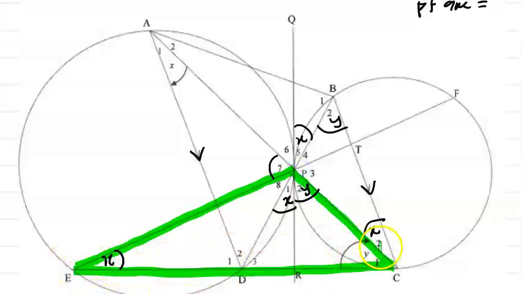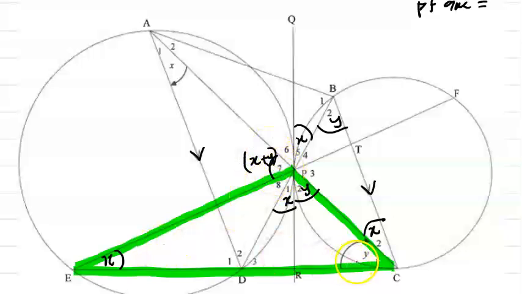I already have X and Y there, and there's a line produced from P to A, so I've got an exterior angle of a triangle, therefore that will be X plus Y. So P7 equals X plus Y, exterior angle of the triangle.